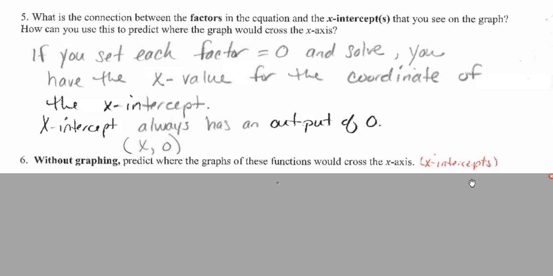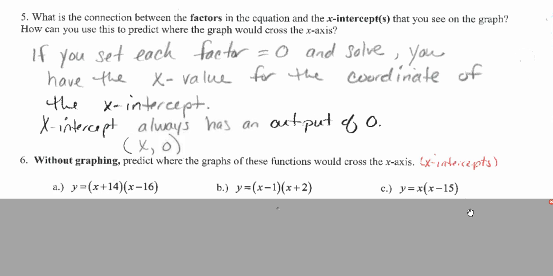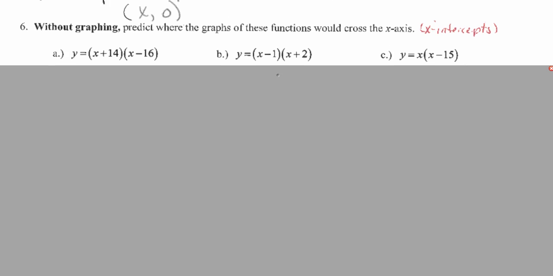So in this portion for step 6, here we have 3 quadratic functions in factored form. Could you predict where they would cross the x-axis? So in other words, can you tell me the locations of the x-intercepts without looking at their graphs? Well, if we use the same technique that we talked about before, taking each factor of the functions and setting them equal to 0, we should be able to find the x value for the coordinates for each x-intercept.